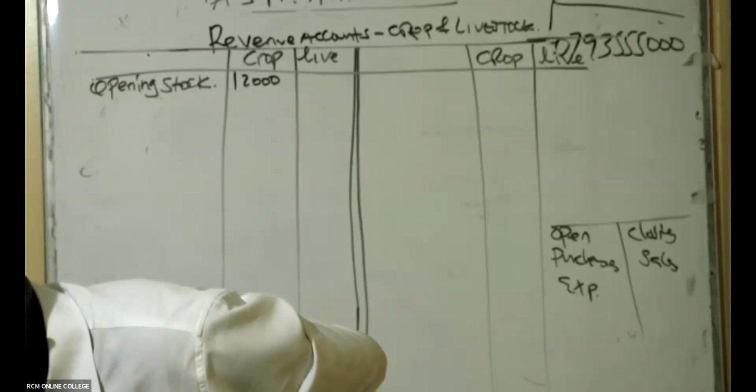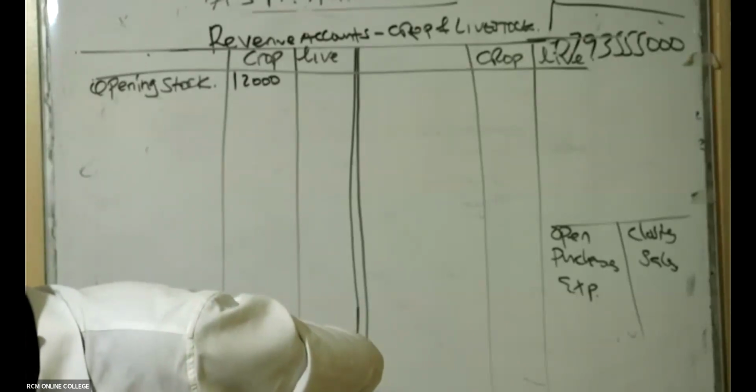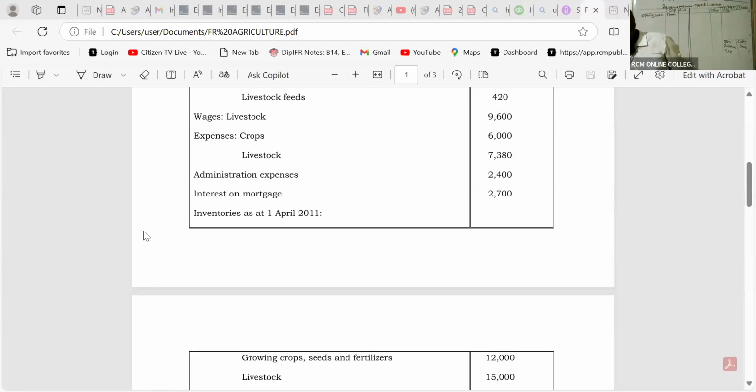I wanted us to do the fairly obvious things, even before we read it. Like now here we have the livestock. You can see that opening stock of livestock is 3,000. Opening stock will always be debited, livestock.